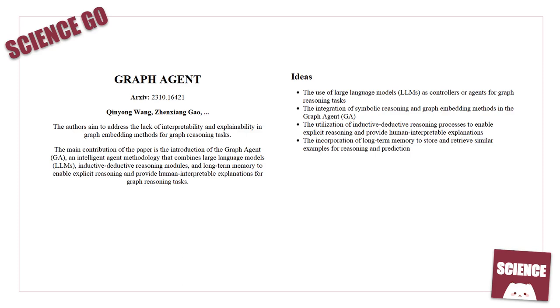This allows the GA to reason explicitly and provide human interpretable explanations for graph reasoning tasks. By integrating symbolic reasoning and graph embedding methods, the GA can store and retrieve similar examples for reasoning and prediction. This paper is significant because it addresses the lack of interpretability in graph embedding methods and provides a more transparent and understandable approach to graph reasoning tasks.